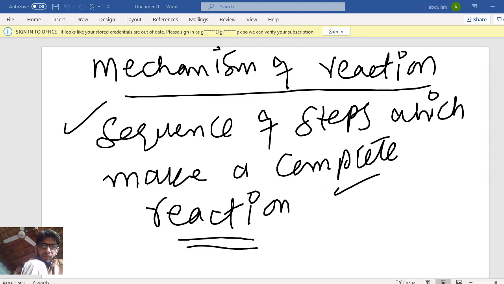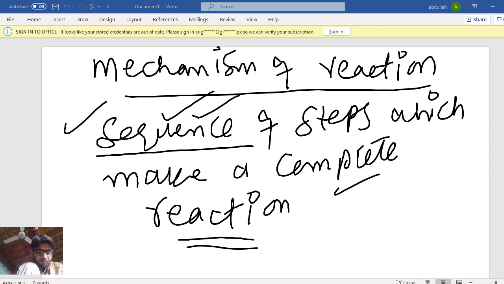Actually, the mechanism of reaction is nothing but a sequence of steps. It can be 3 steps, 2 steps, 4 steps or some other number of steps.